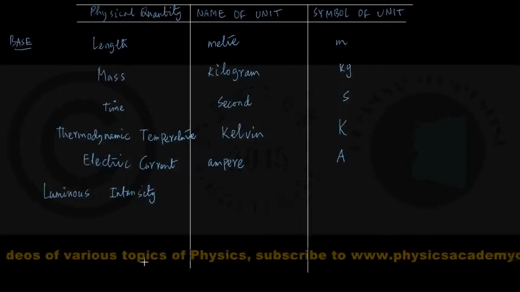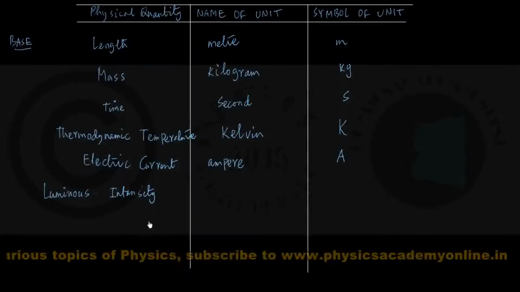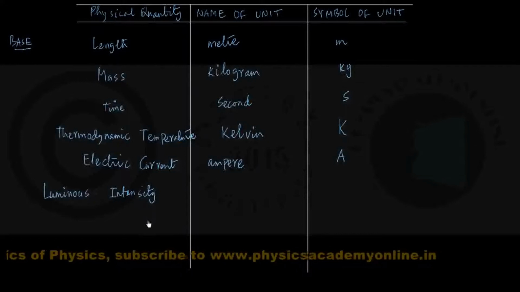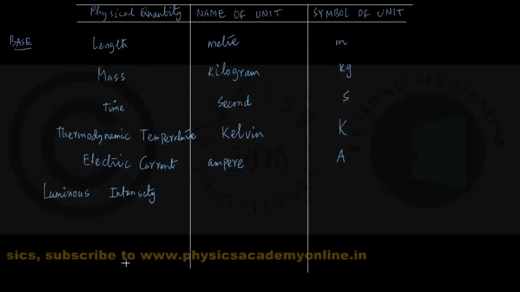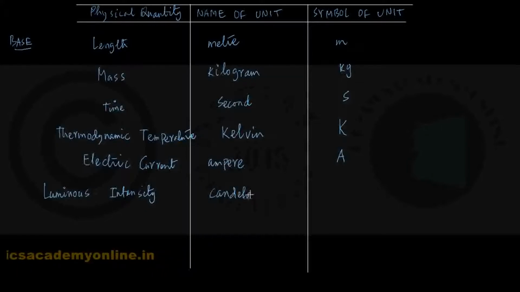As I already said, this term might defy you, but we shall just come to this in due course. The unit of luminous intensity is called candela. This is candela. And in symbols, this is called small c followed by small d, cd. That is the symbol of candela, the unit of luminous intensity.